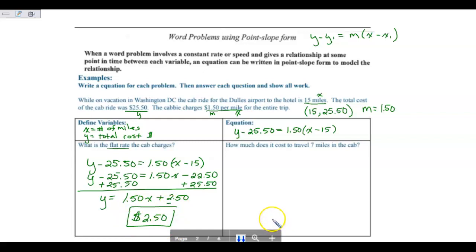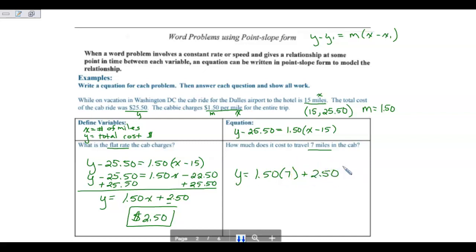How much does it cost to travel 7 miles in the cab? Well, 7 miles, and we said that miles is x, so I'm going to replace x with 7. You can use either this form or you can use this form. Either one is fine. I prefer this one because it's a little simpler. So it's $1.50 times 7 plus 2.50.